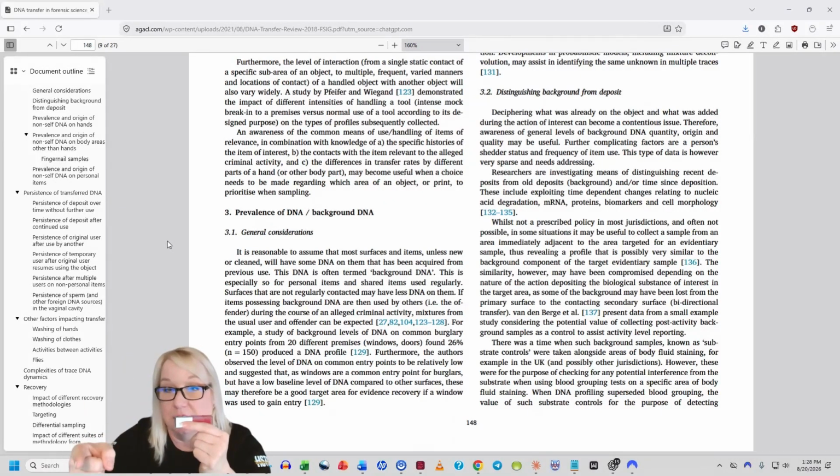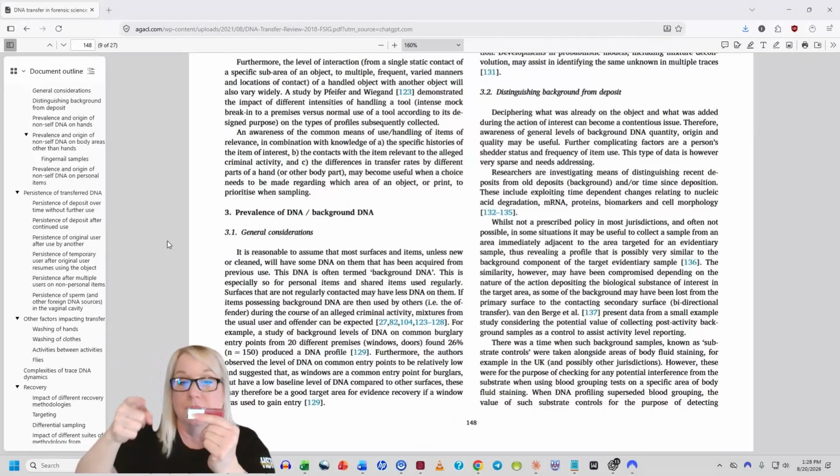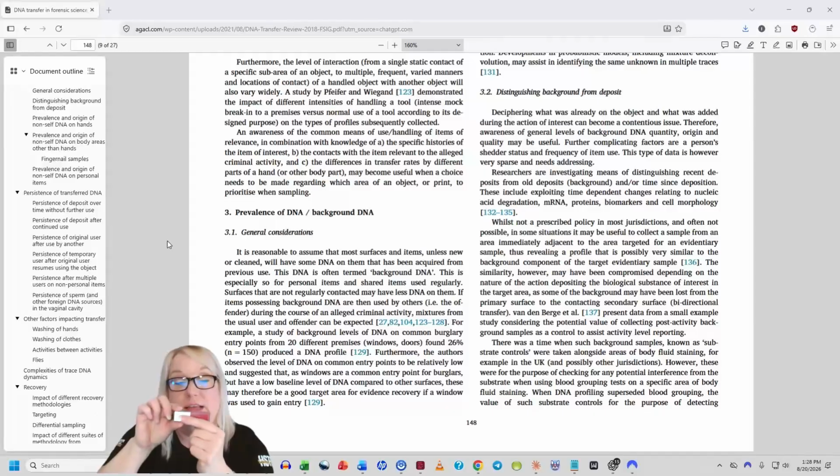What they're saying here is it may be useful to collect a sample from an area immediately adjacent to the area targeted for an evidentiary sample. Let's say this silver part is the ketchup part, and this part of the table is the normal part, the untouched part where the suspect didn't leave ketchup.